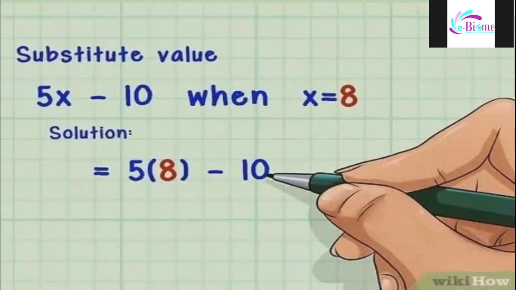So let's look at substituting the value. So we have 5x minus 10 when x is equal to 8. Anyone want to try and work out that answer? Anyone want to try that and tell me the answer that they get?